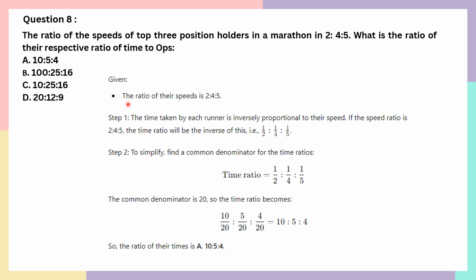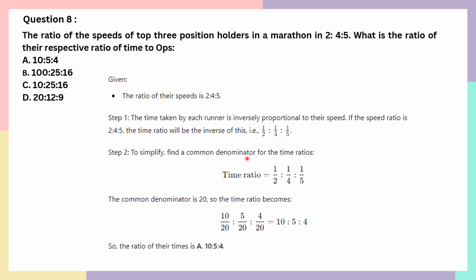So here given that the ratio of their speed is 2 to 4 to 5. Therefore the time taken by each runner is inversely proportional to their speed. If the speed ratio is 2 to 4 to 5, then the time ratio will be the inverse of that, which is 1 by 2 to 1 by 4 to 1 by 5.